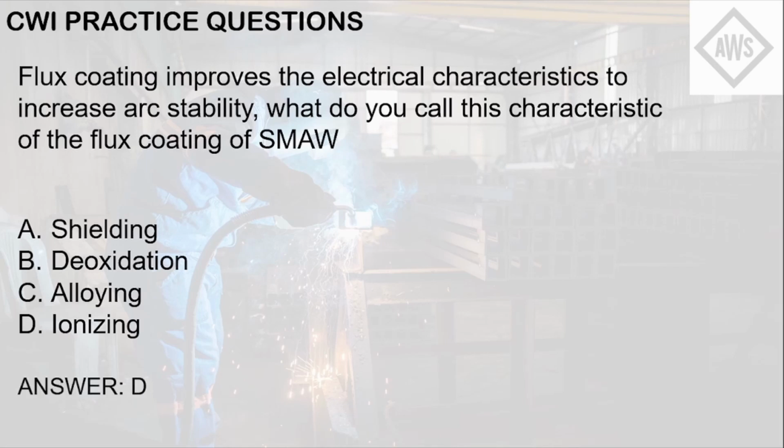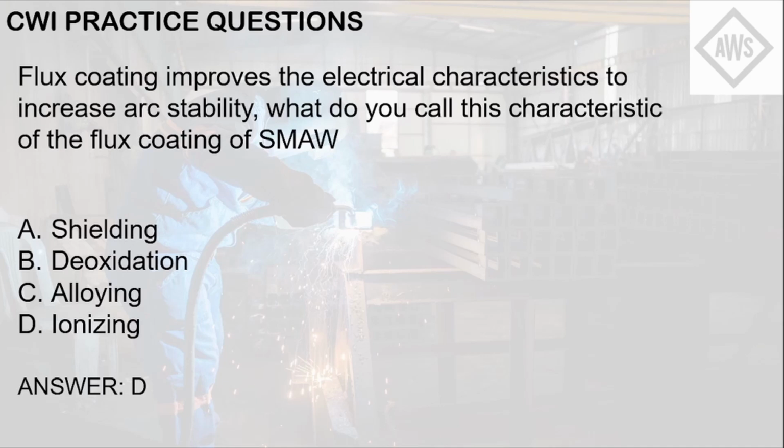So as I've mentioned in the previous question, shielding is the characteristic of SMAW wherein it prevents harmful gases from entering the molten pool of metal, from contaminating the weld, and causing embrittlement. Deoxidation removes oxides from the molten pool of metal.